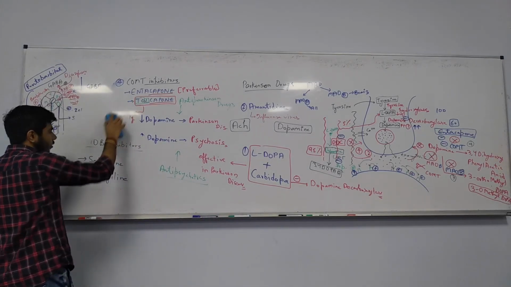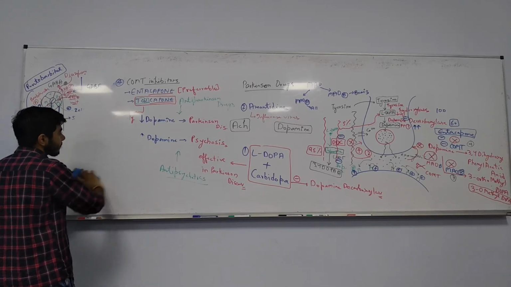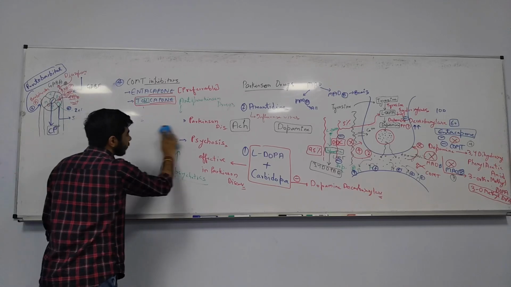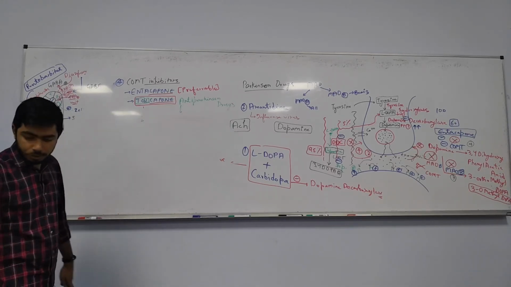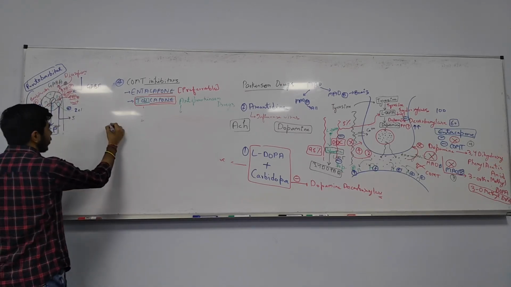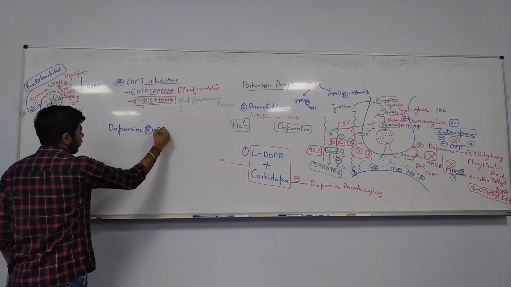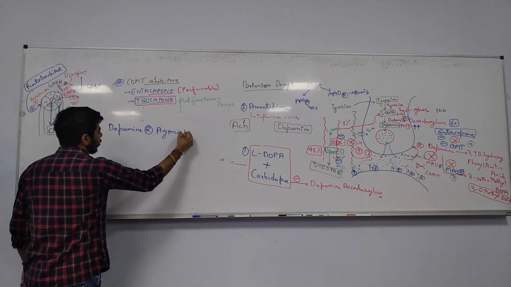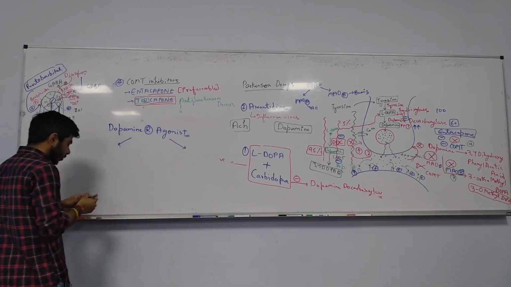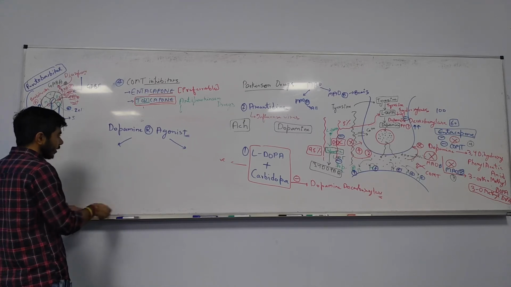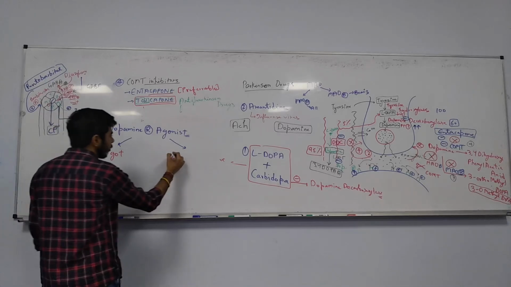So let's talk about the dopamine receptor agonists. We are talking about two categories: one is ergot and one is non-ergot.